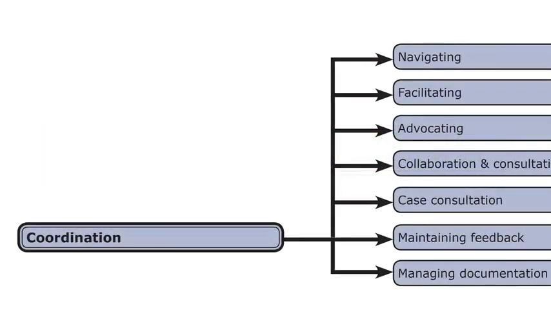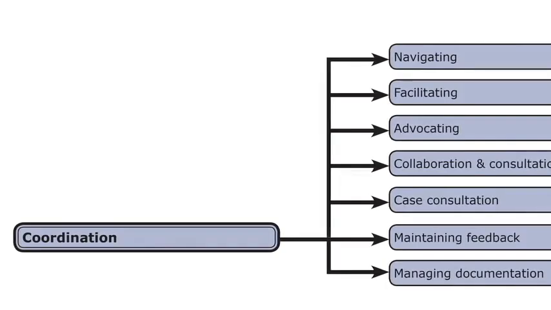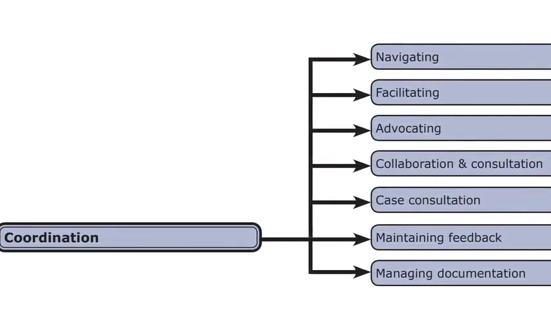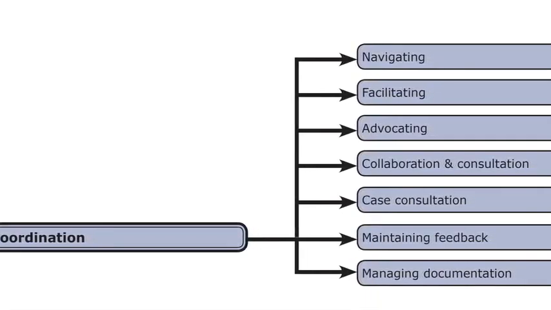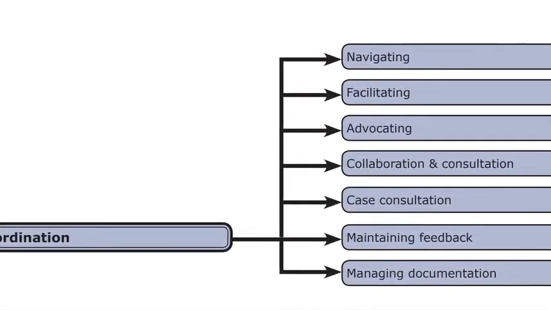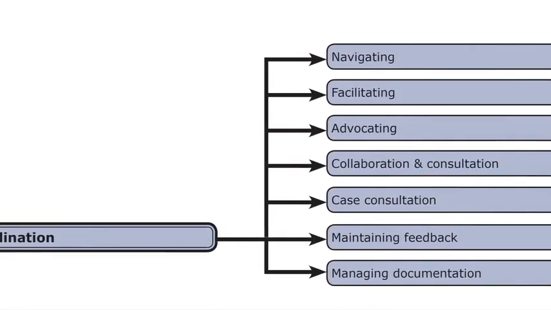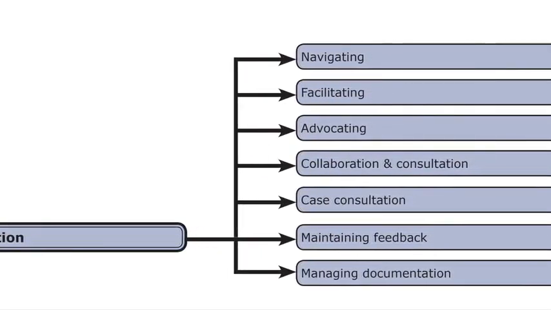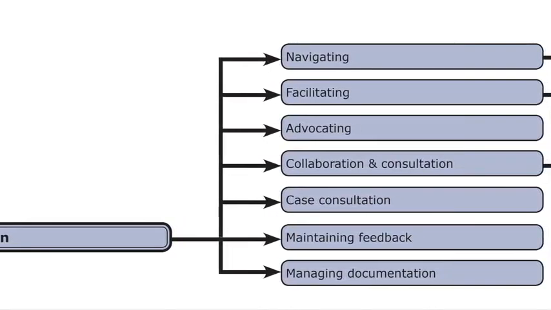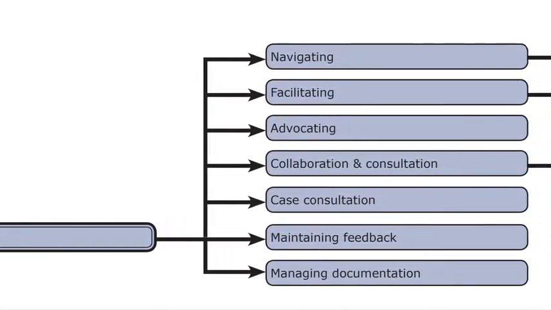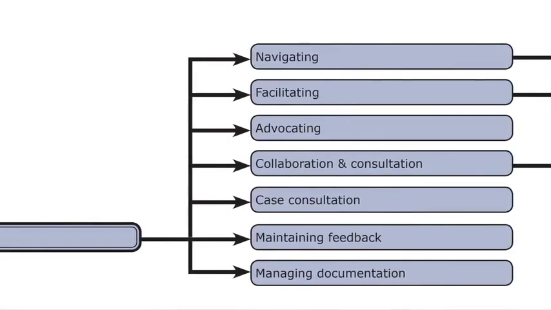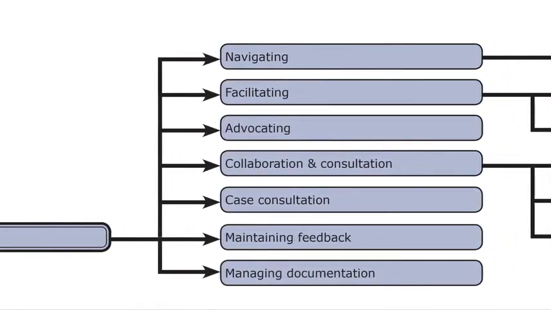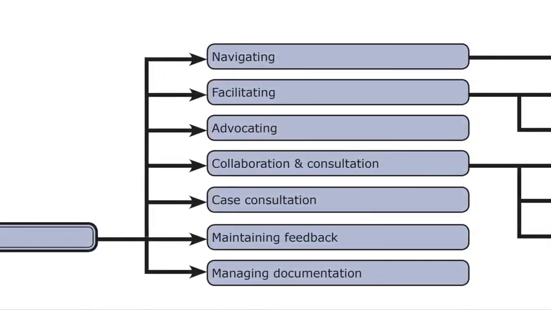Looking at one last example, that of coordination, the main action of coordination in the left-hand column, and then referring to the middle column, you can see that there are 7 children categories of coordination. So in the taxonomy, coordination isn't just organising things, it involves navigating, facilitating, advocating, collaboration and consultation, case consultation, maintaining feedback, and managing documentation.